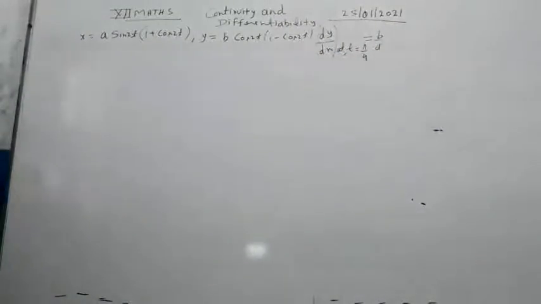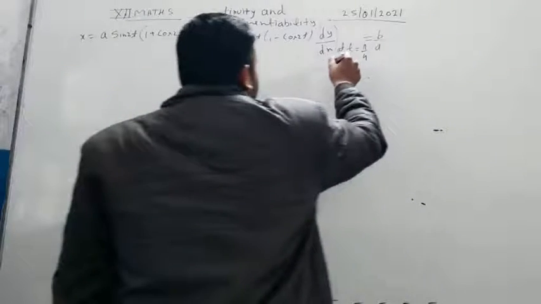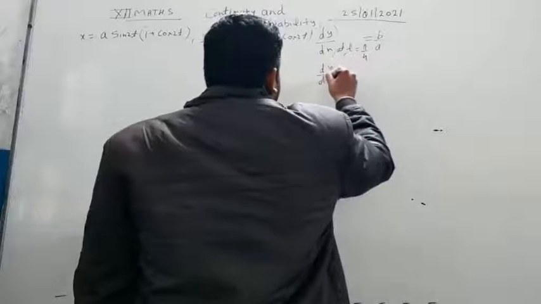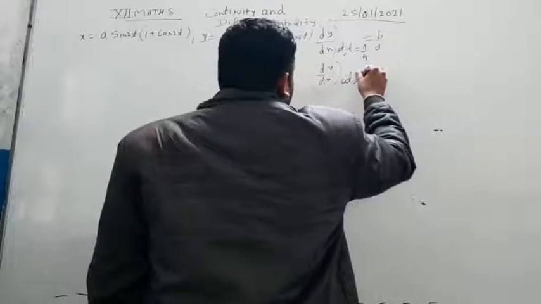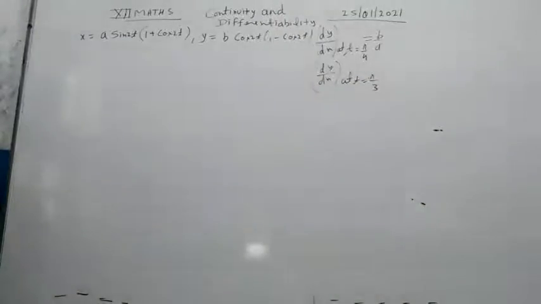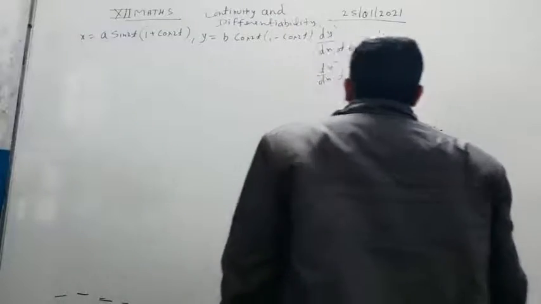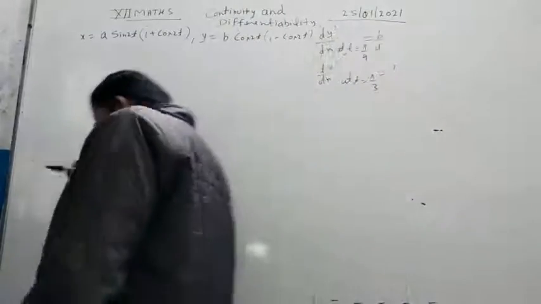Okay students, so this is our question, and the question says to find the value of dy by dx at t is equal to pi by 3.